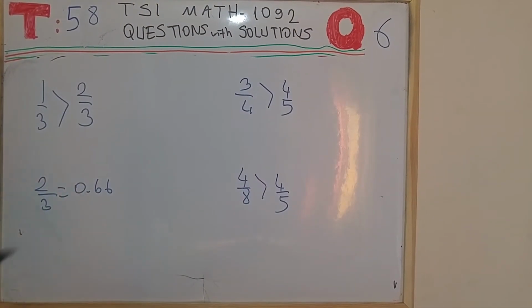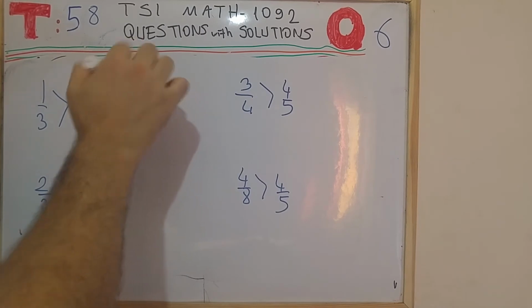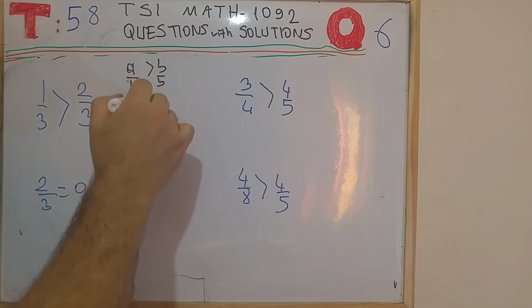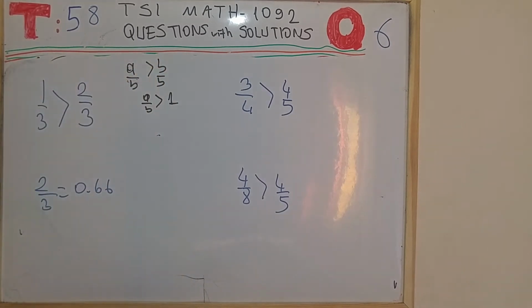Again, we can check it the way that we just did. If A is greater than B, then when I divide each side by B, A over B must be greater than 1. So what I should do is to divide each side by the right hand side or left hand side.